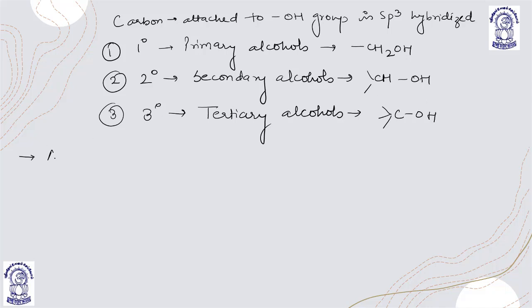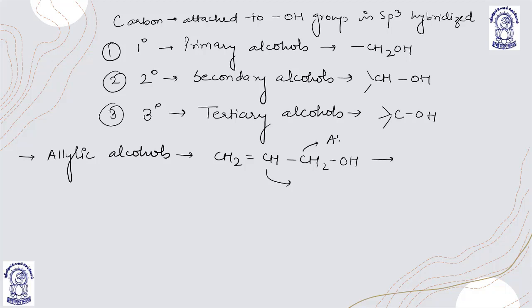Next is allylic alcohols. Here also the carbon is sp3 hybridized. This is the allylic carbon, this is the vinylic carbon, this is the allylic carbon, which is 1 degree.